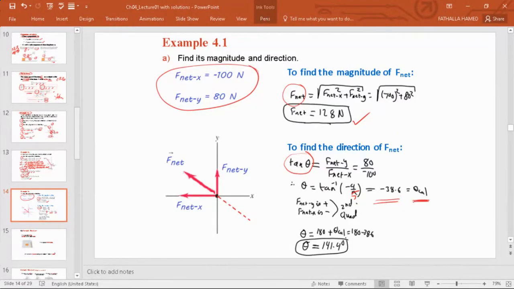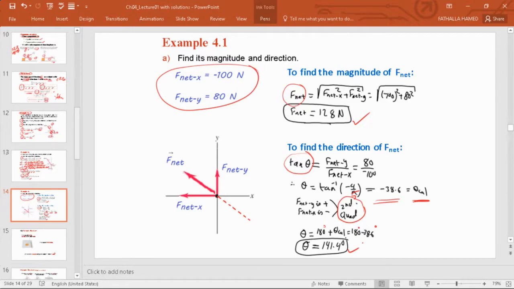This is what we call the calculated theta. I told you that if you use this definition relative to the positive x-axis, and you are in the second quadrant, where y is positive and x is negative, you have to add 180 degrees to that. And it gives you 141.4 degrees.